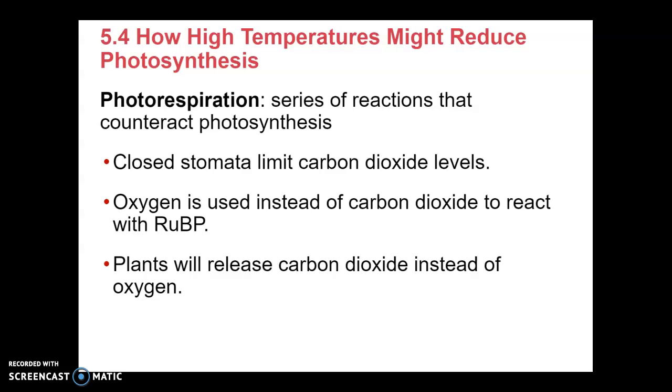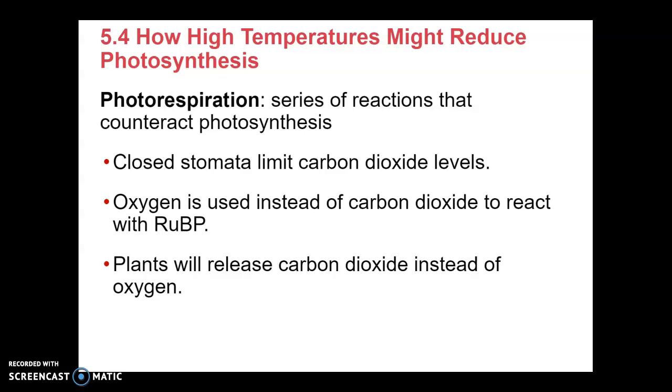But that's sort of what plants do in photorespiration. They change the starting ingredients so that they're no longer using carbon dioxide. Instead, they're using water, or they're using oxygen. And so they're using oxygen to react with this RuBP instead of carbon dioxide, and then they release carbon dioxide into the atmosphere.